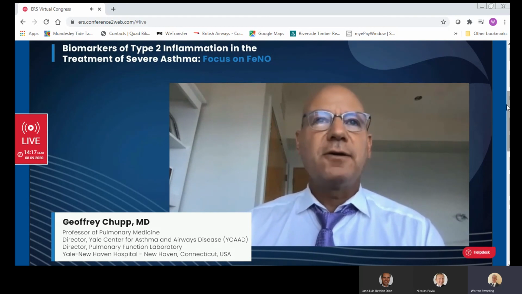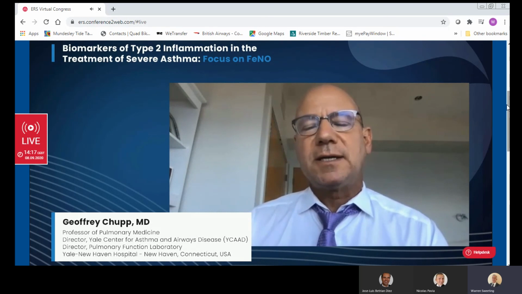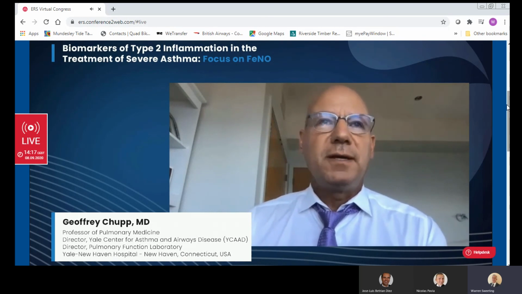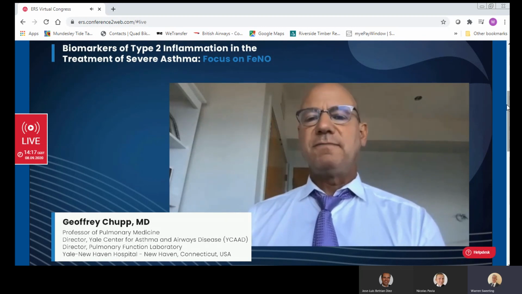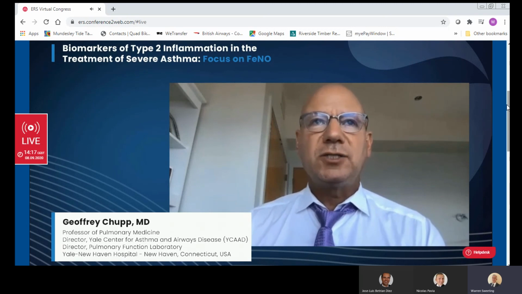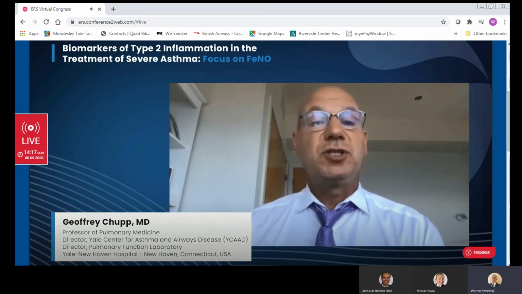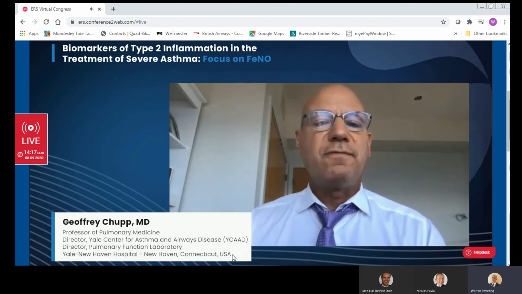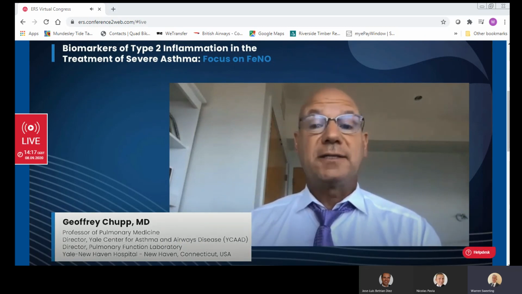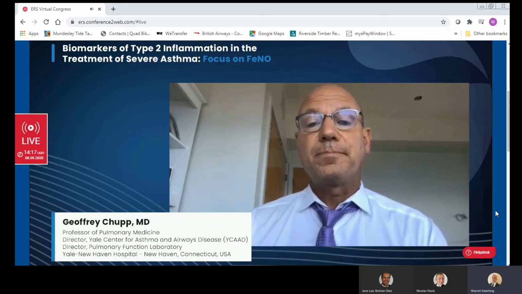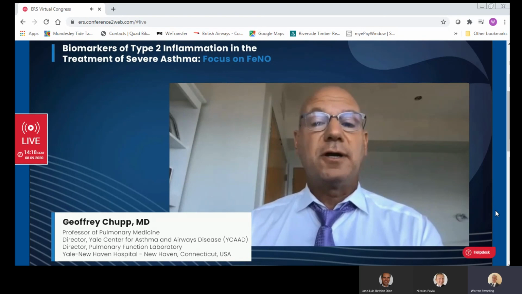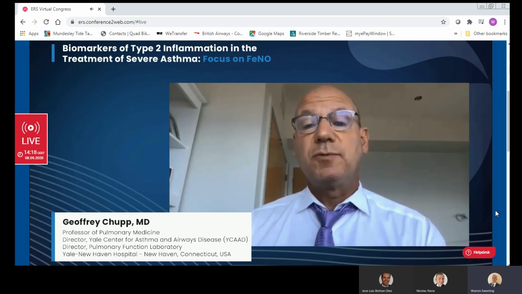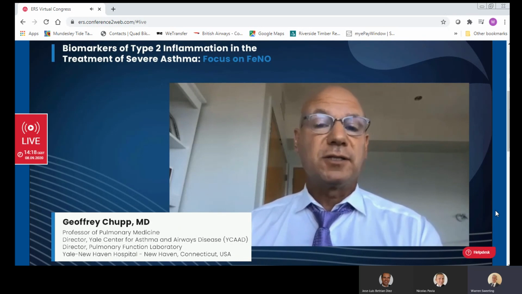It is point of care so that you can acquire it at the time of a visit and it can help you make management decisions at the time of the visit. And it has tracked very nicely, as has been shown, with the IL-4/13 pathway activation and T2 inflammation, and it predicts outcomes in asthma and potentially remodeling in patients, as well as response to biologic therapies.